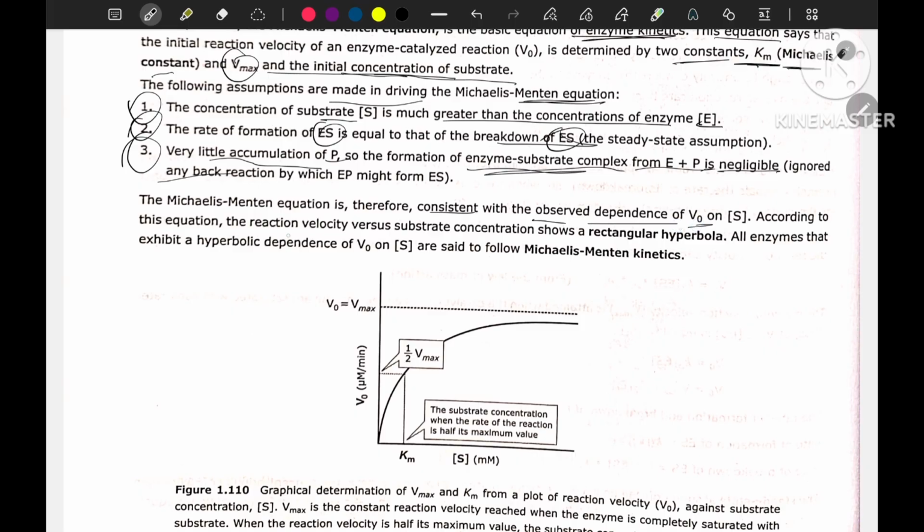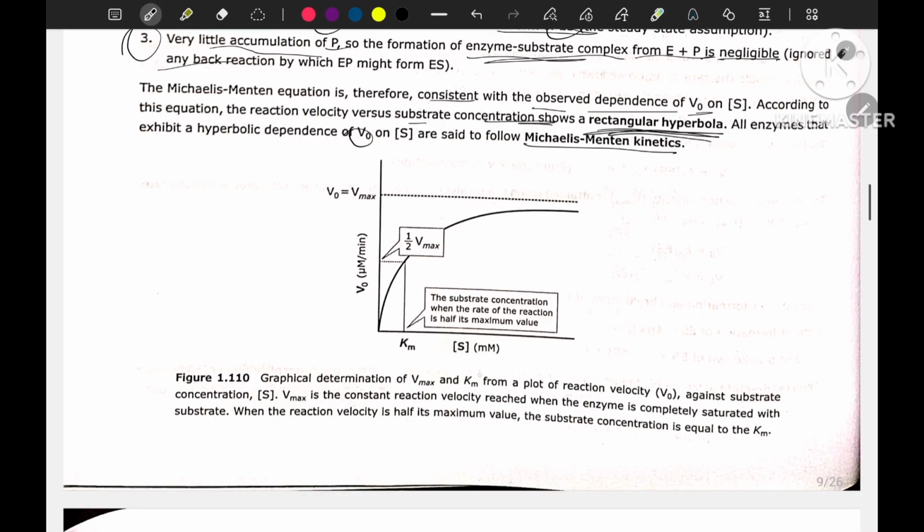According to this equation, the plot of reaction velocity versus substrate concentration shows a rectangular hyperbola. All enzymes that exhibit a hyperbolic dependence of V naught on substrate concentration are said to follow Michaelis-Menten kinetics. So there is this graph. We have substrate concentration here, V naught here.